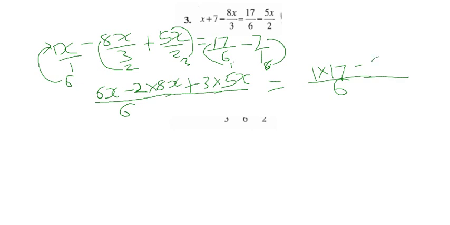So this step is done. And now since 6 is under both sides, if you move the 6 under the left side to the right side, it goes on top, and the 6 from the right side going to the left side also goes on top, so we can cancel that out.